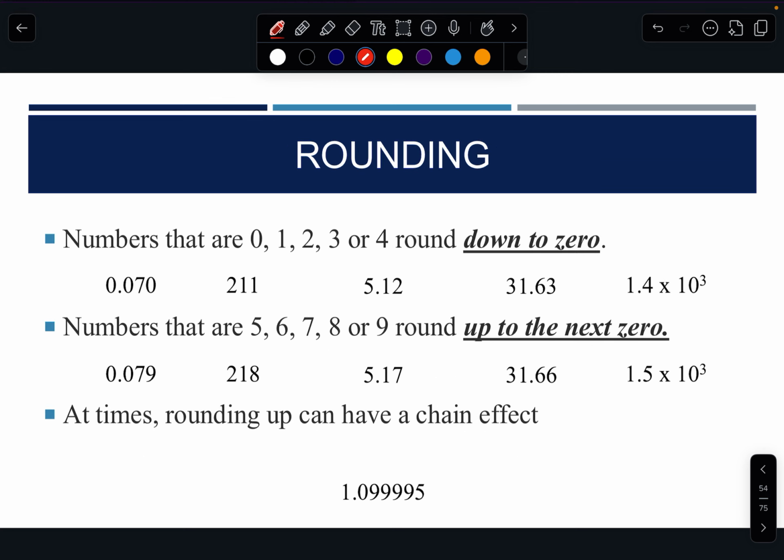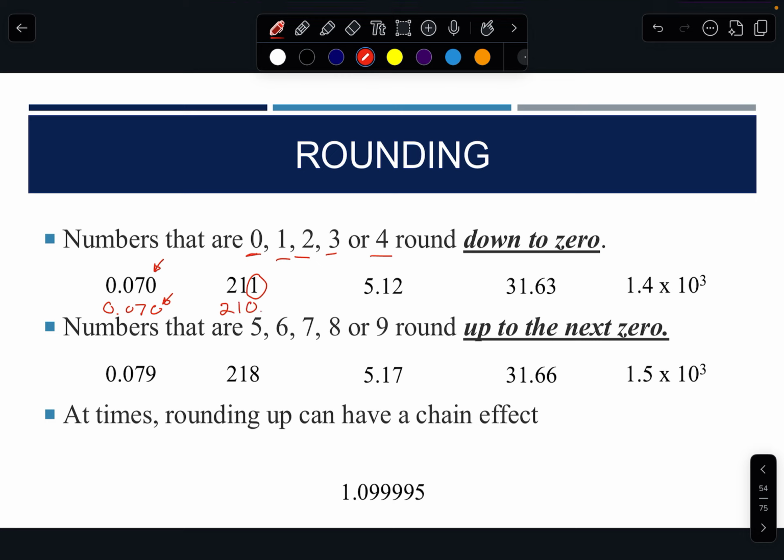So, when we're talking about rounding, if you end a number in 0, 1, 2, 3, or 4, the next number gets rounded down to 0. I'll give you an example for each of these. 0.070, if we're going to round this down, this is our final digit, and so we're just rounding this down to this number. 2.11, this is our final digit, so we will go with 2.10.